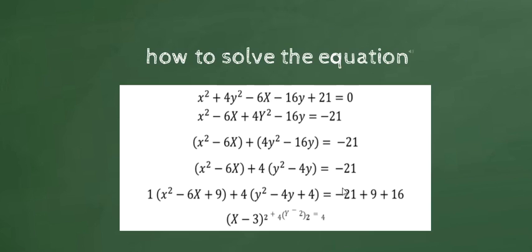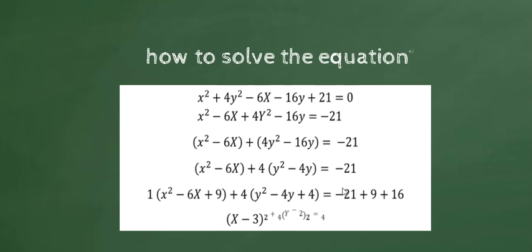Now we are going to determine who is h, k, a squared and b squared. Minus h is equal to minus 3, then h is equal to 3. Minus k is equal to minus 2, then k is equal to 2.